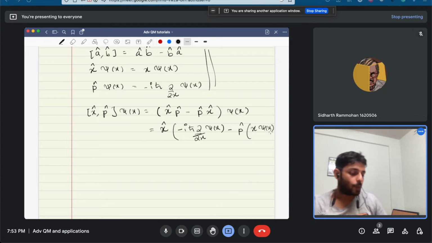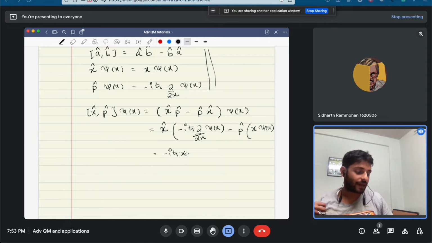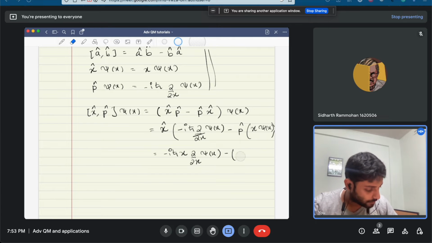Now x commutes with del by del x, and what we get is minus i h bar x operating on this derivative of psi of x will give us the psi of x derivative, so this remains as it is, and we have a derivative operating here, minus i h bar del by del x operating on x psi of x.